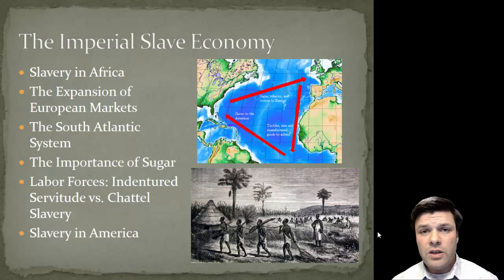What was worse is the conditions in which these people toiled. You have to understand how huge of a cash crop that sugar was. And if you understand this, you'll understand that it was actually more cost effective for these sugar plantation owners in places like Barbados to work their slaves around the clock, work them very, very intensely.